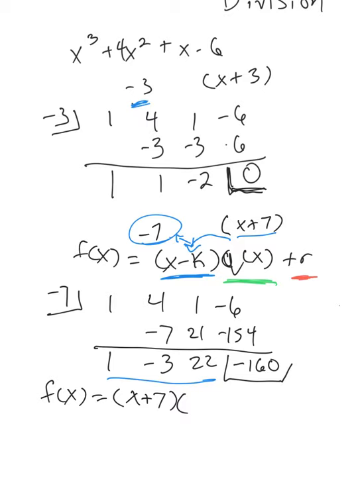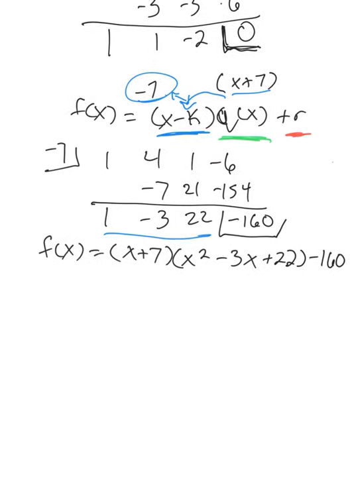So this would be x squared minus 3x plus 22, and then on the outside plus our remainder, which is minus 160. So that's how we would do that.